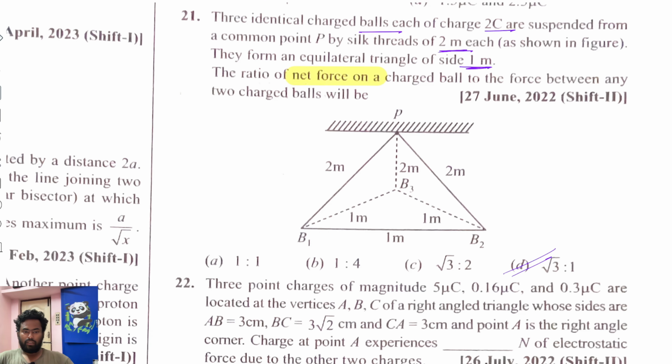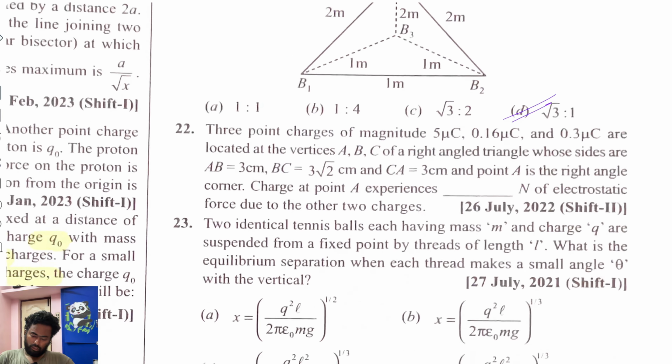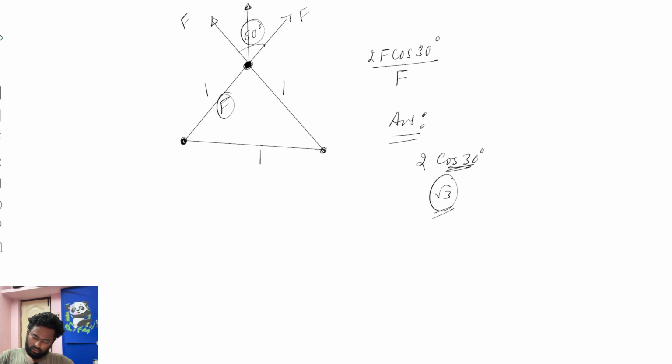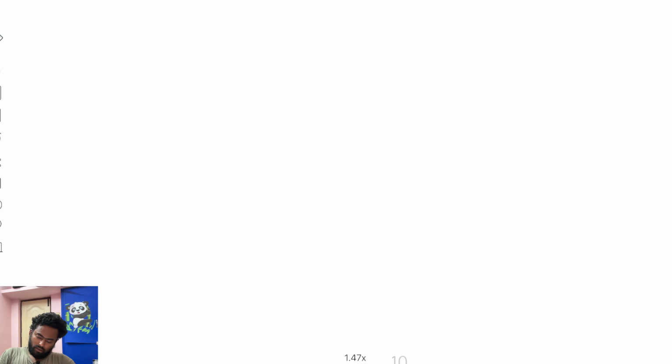Okay. Let's see the next question. Move on to the next question. 3-point charges of magnitude 5, 0.16, 0.3. Vertices of right angle triangle. Sides are given AB, BC, CA. Point A is at the right angle. Charge on A experiences how much force? Okay. 5, 0.16, 0.3. We have like this.